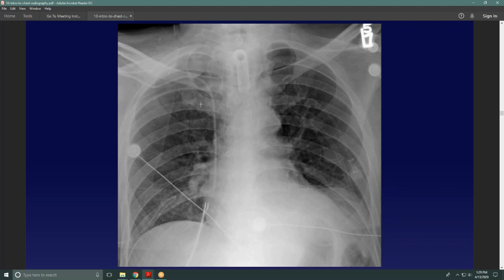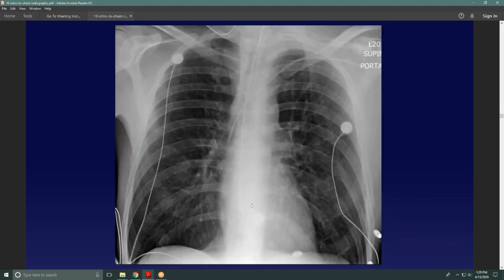Makes things very hard. Here's an example of normal positioning. There's your tip. Another example, a left subclavian catheter, is just below the superior margin of the left clavicle. And here is an NG tube and ET tube overlapping a little bit.